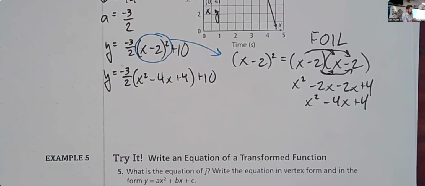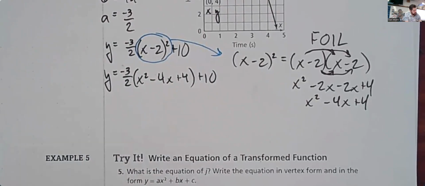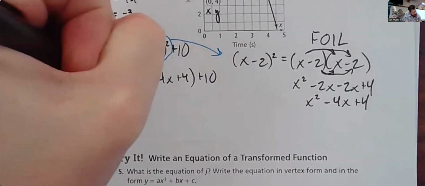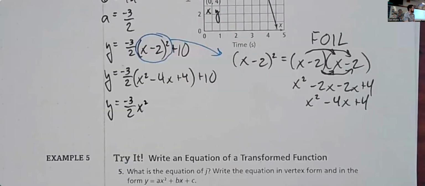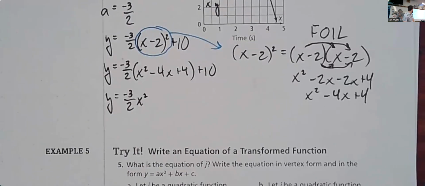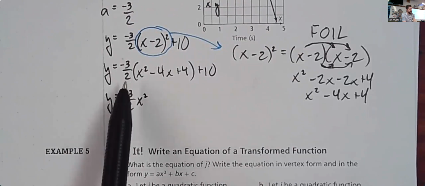So when we distribute, that'll be y equals -3/2 x squared, because nothing to multiply it by there except for x squared. And then we got to do -3/2 times -4. So -3/2 times -4.